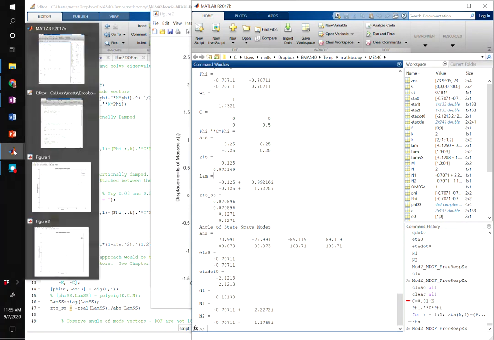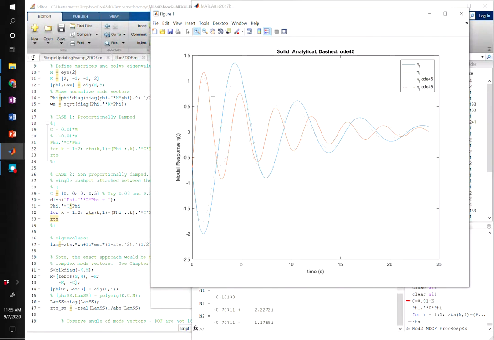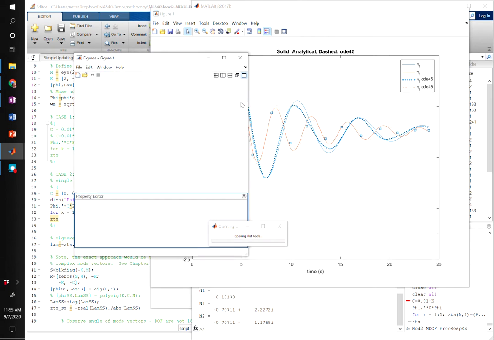In this case, if we look in the modal coordinates, these modal coordinates, which we assume are completely uncoupled, that the damping doesn't couple them together, are actually influencing each other. Let's make this wider so you can see. These modes are influencing each other.